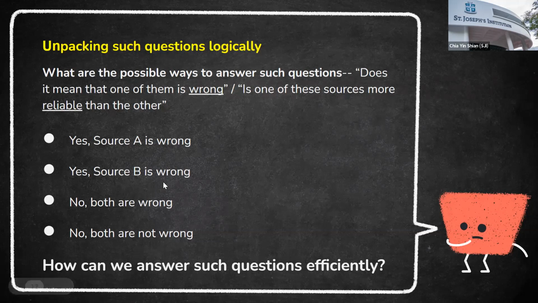Whereas source B is not wrong as it presents a very balanced viewpoint about something. Another way of doing it is to identify that both are not wrong as both of them have different purposes or different perspectives. And therefore, since they are different in their perspective, neither is wrong. They just have different perspectives.